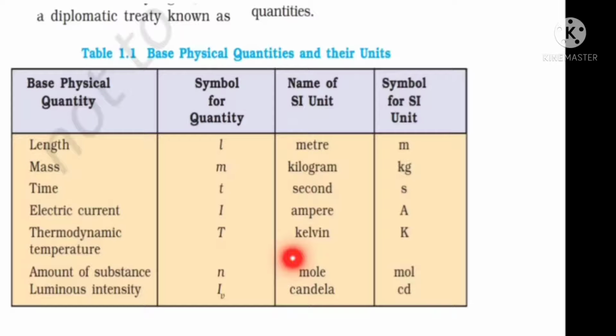The name of the SI unit is mole, and the symbol for the SI unit of amount of substance is mol. Luminous intensity is represented by I subscript v, and the name of the SI unit of luminous intensity is candela, and the symbol for the SI unit of luminous intensity is cd.